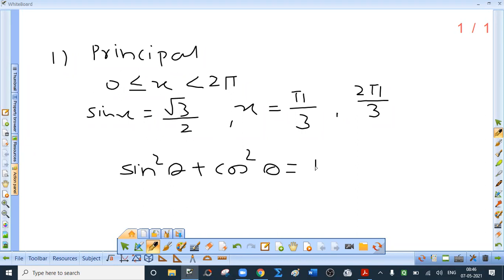Why? Because for every theta lying between 0 and 2 pi, this equation is satisfied. So usually for equation like sin x equal to or cos x equal to, number of principal solutions is finite, it is 2. But for an identity rather, number of principal solutions is infinite.